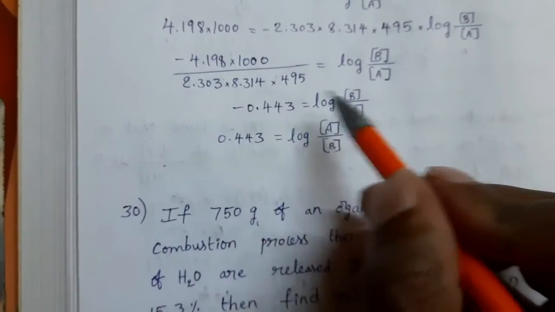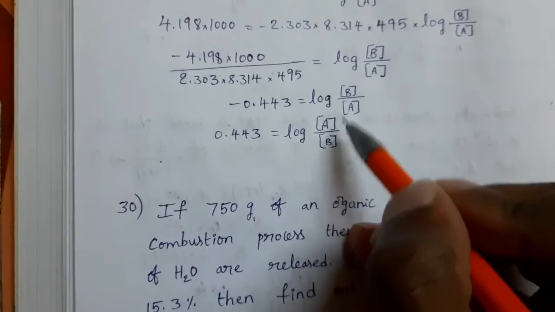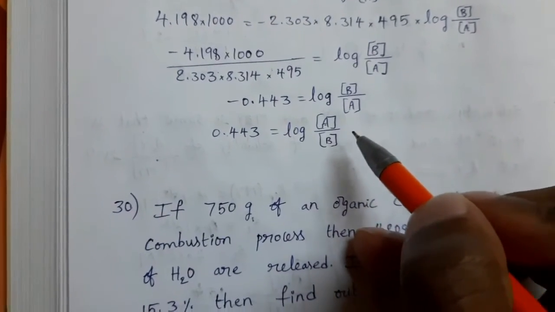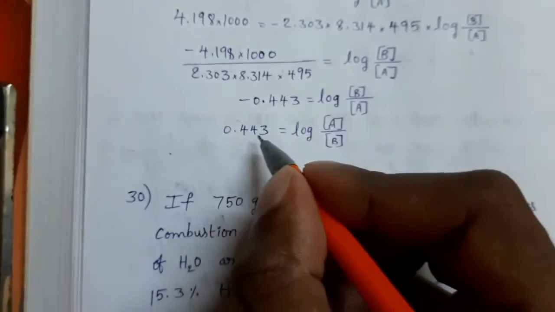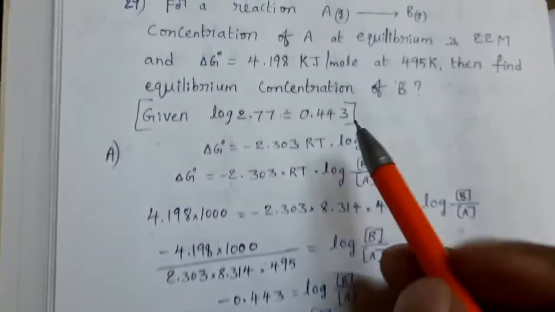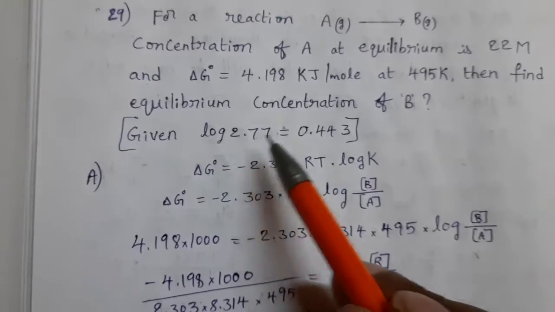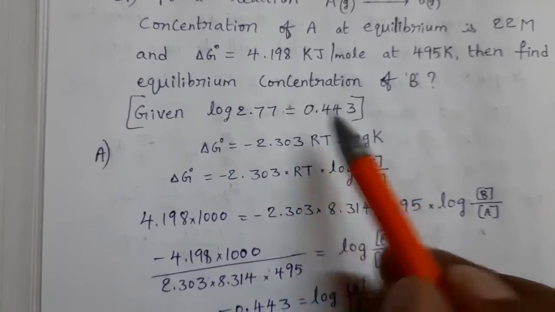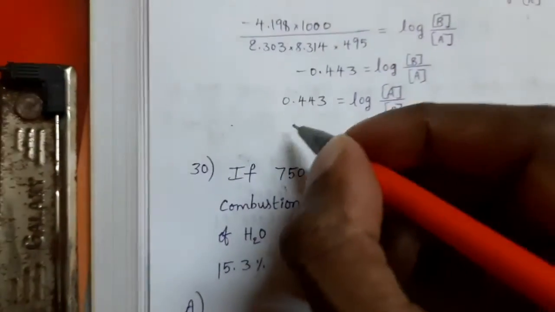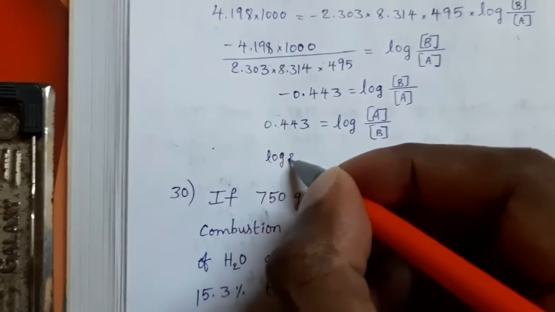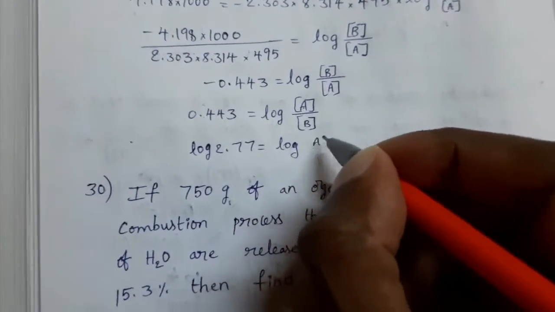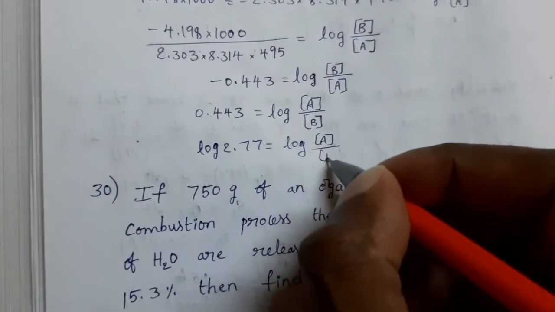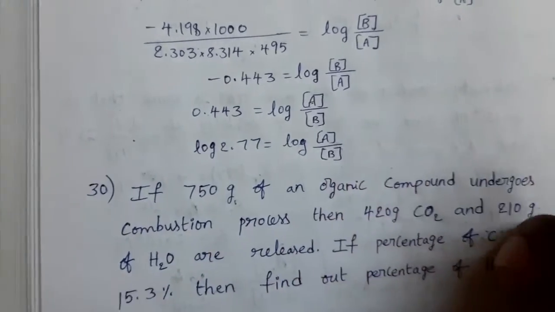If we bring this minus to right hand side and then change the numerator and denominator, we can get this one. Now from this, 0.443 means it is given in the question log 2.77. In place of this we can substitute this one. Then log 2.77 equal to log of concentration of A divided by concentration of B.